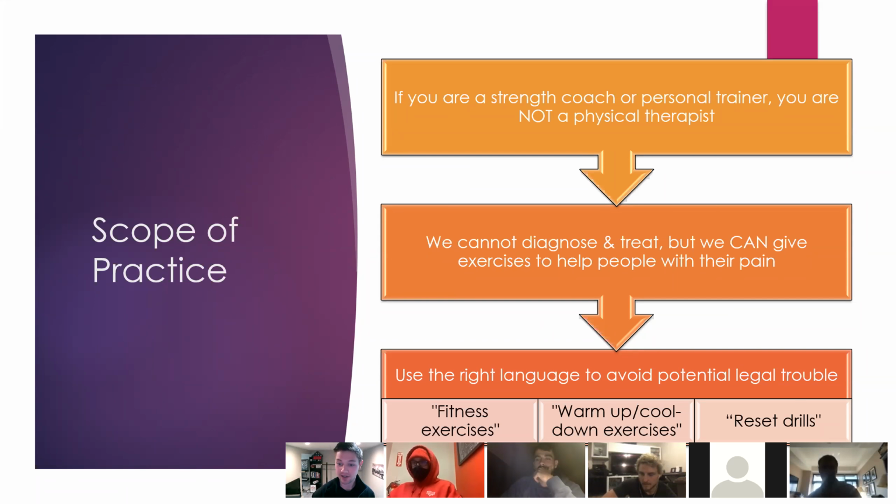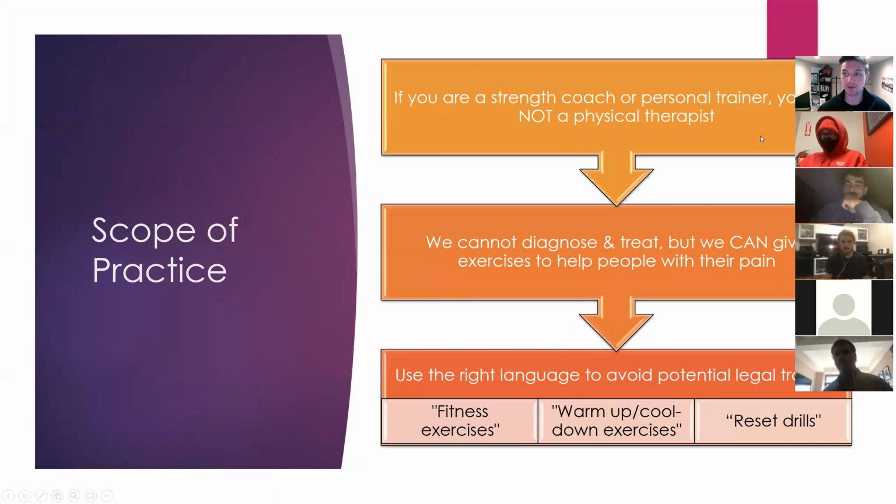So we can assess people with table tests, and we can help people understand what pattern they're in. But if we say you have scoliosis and here are exercises for your scoliosis, you're probably screwed. So I would say be very, very careful. Use the right words. And if you do that, you should be okay. And also make sure they're signing legal documents and all that good stuff, like they probably should be anyway.